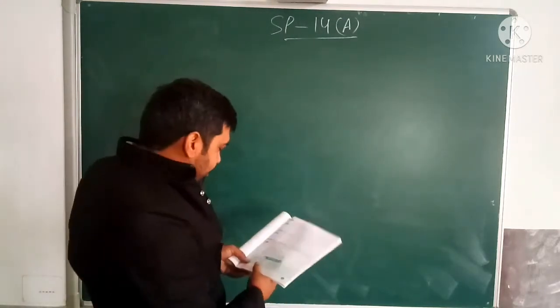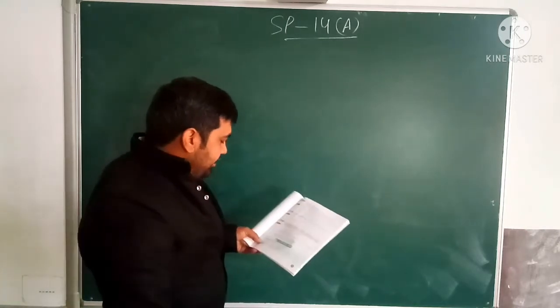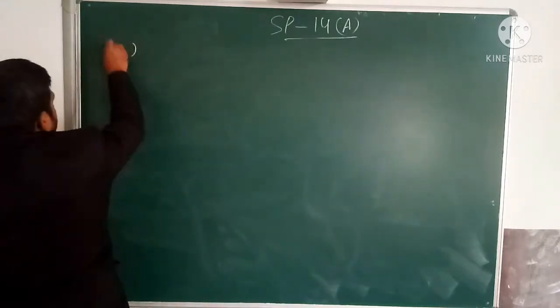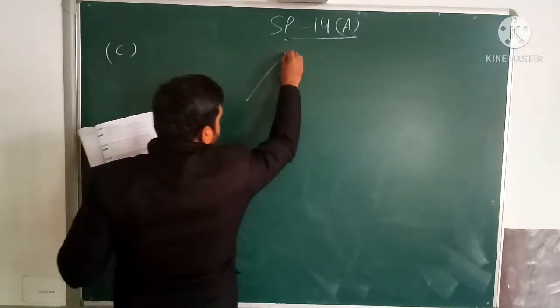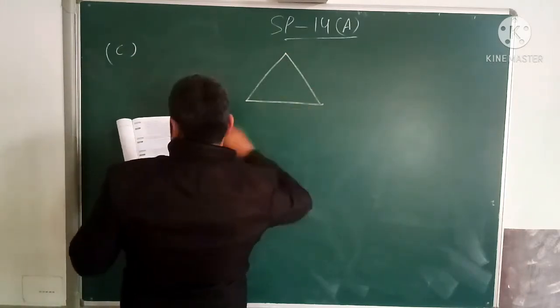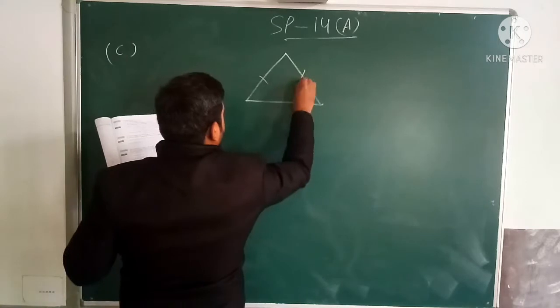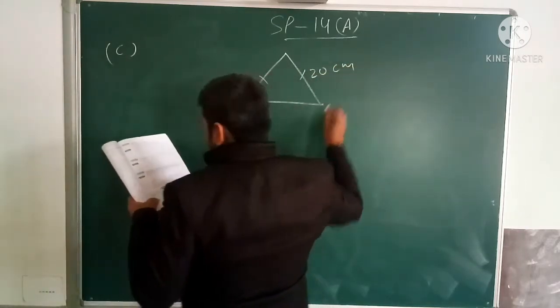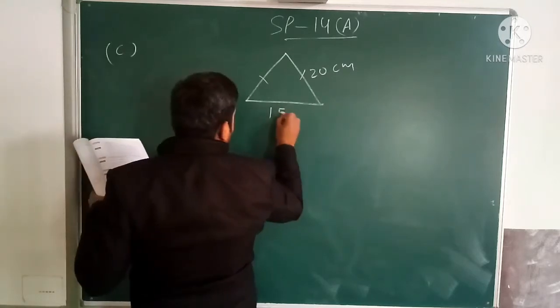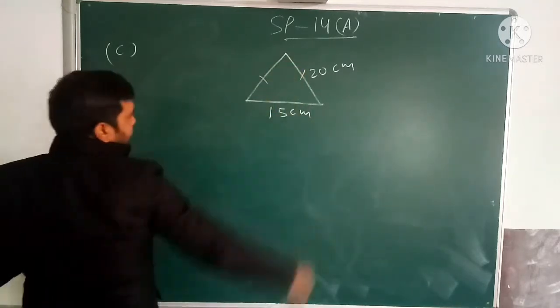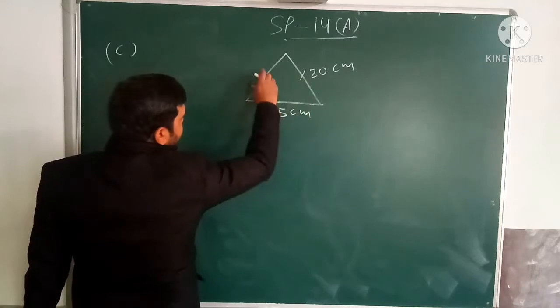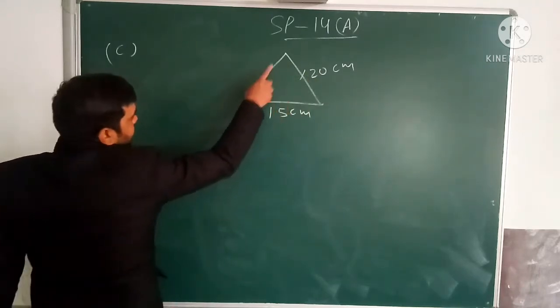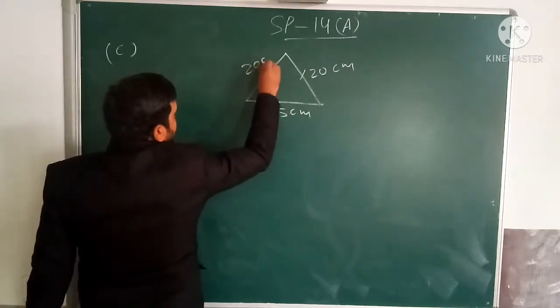Here the isosceles triangle is given in C. These two sides are equal and one equal side is given 20 centimeter and the base is given 15 centimeter. Since this is an isosceles triangle, see the mark, this side is equal to this. So the length of this side is also 20 centimeter.